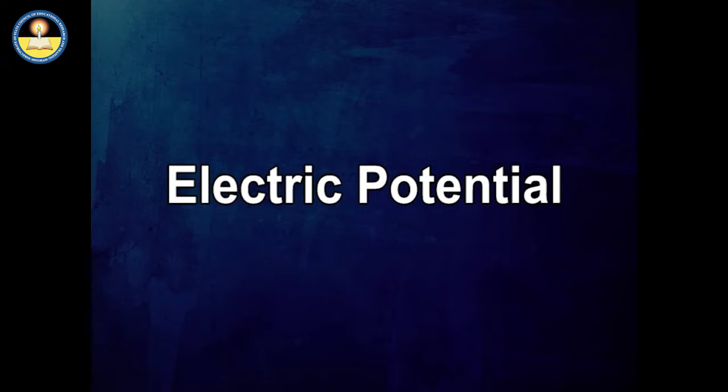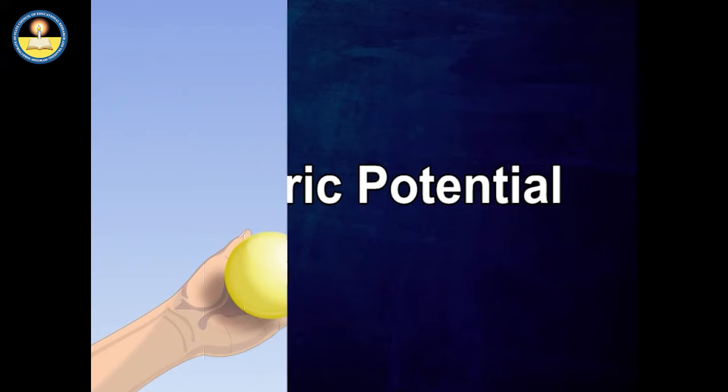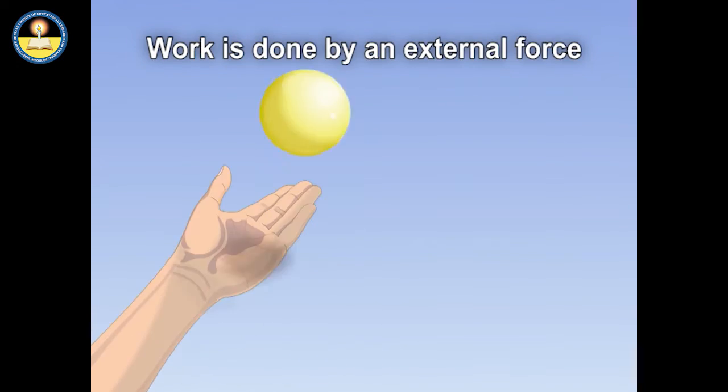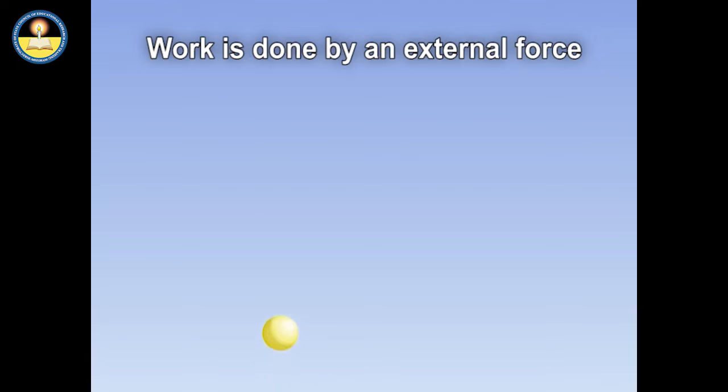Do you know the cause of heating effect of current? When a potential difference is applied across the ends of a conductor, an electric field is set up across its ends.